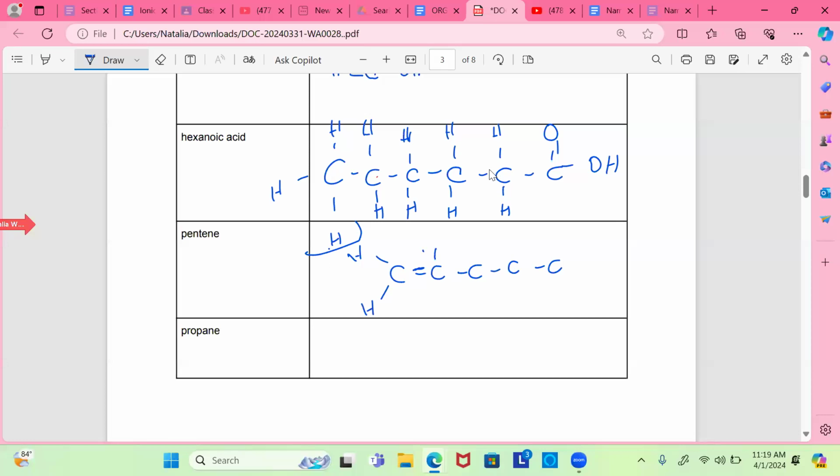Next carbon is bonded 3 times, so I put in 1 H. Pentane, 5 carbons, with carbon single bonds, and make sure each carbon is bonded 4 times by adding H's. Clear? Yes, miss. Alrighty.